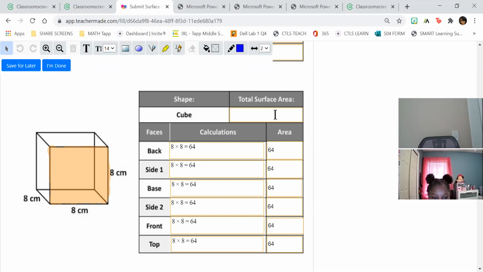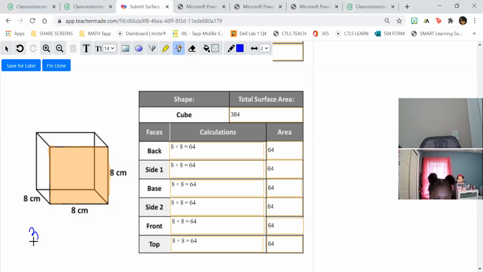Now your notes say that to find the total surface area, you would find the area of one face. So we see that it's 64, and then you would times that by 6. So our total surface area is 384. Now, we also need to go ahead and write our final units here.